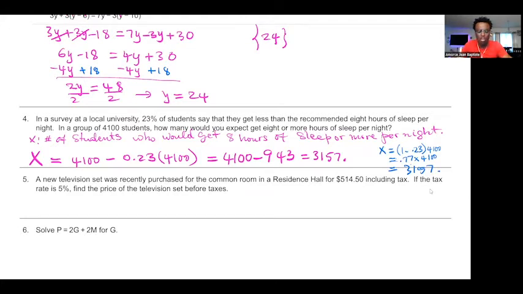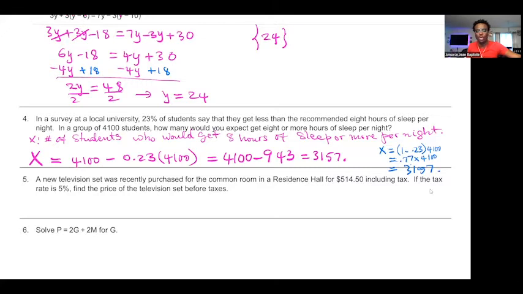So that's why my variable is X, number of students who would get 8 hours of sleep or more per night. X equals, since they split it into two groups, 23% got less than the recommended 8 hours of sleep per night, and then the other group, the rest, get 8 hours of sleep or more. And then that gives you the purpose of your problem.